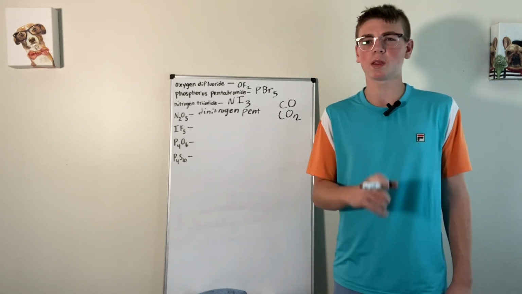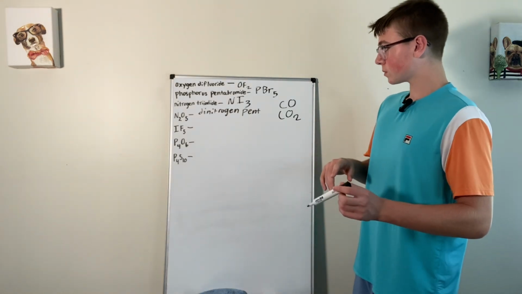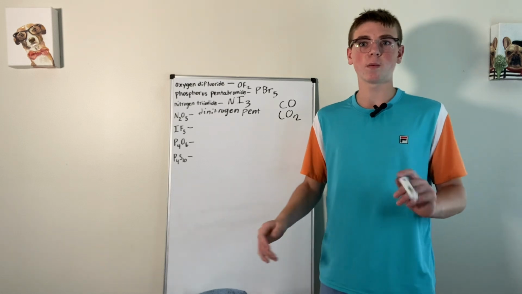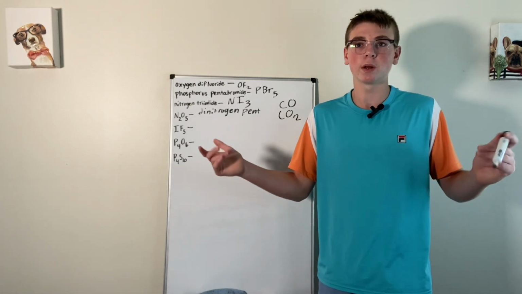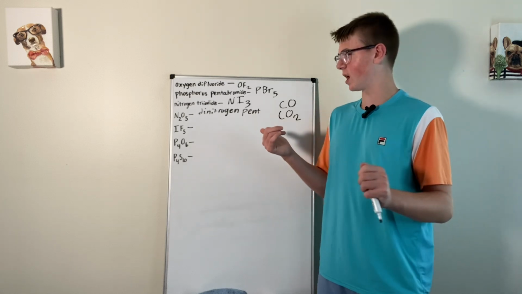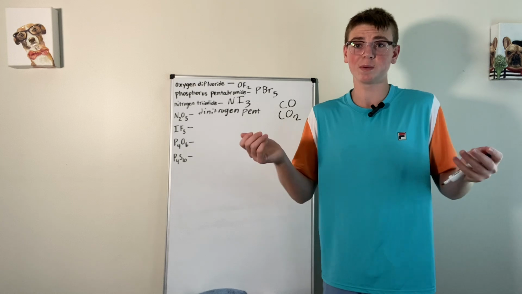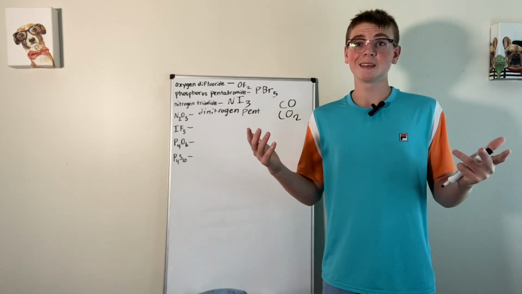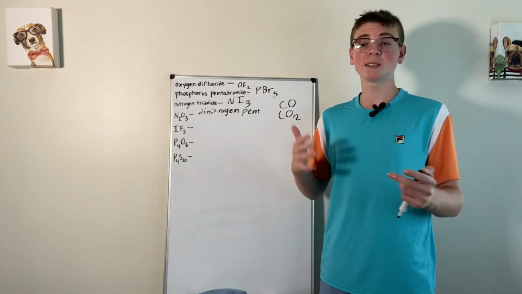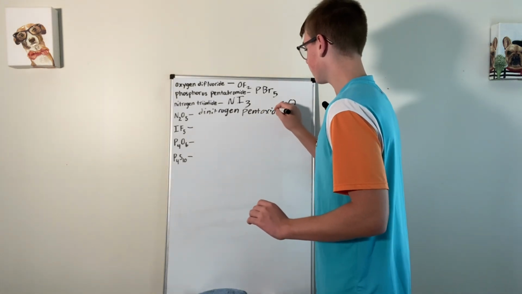It happens a lot with oxygen. You don't want two vowels next to each other, but you'll see triiodide. You're like, why is it not triiodide? I don't know. There's not too many reasons to it, but it just doesn't sound very good with oxygen. But you could also argue triiodide doesn't sound good, but we still use it. So it's not wrong if you say pentaoxide, but I'm going to say pentoxide.